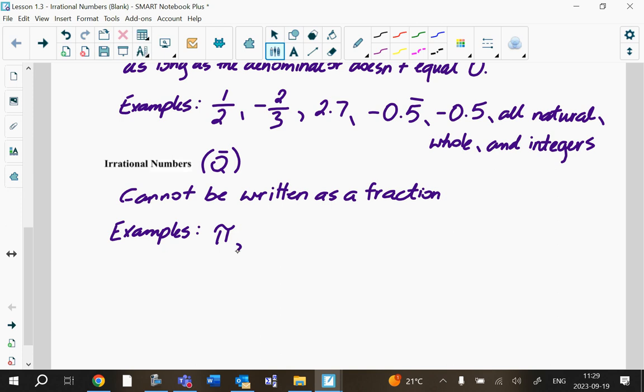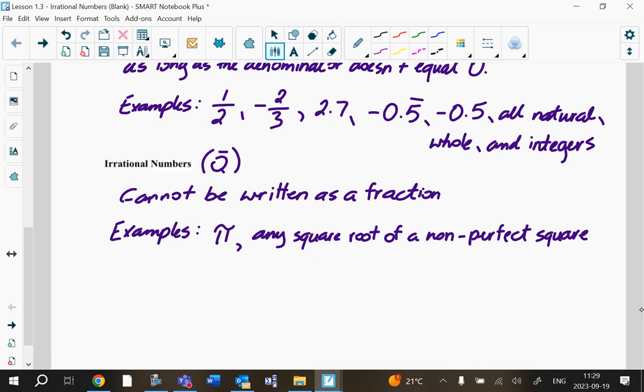Any square root of a non-perfect square. So like the square root of 0 is 0. That means it's rational. The square root of 1 is 1.